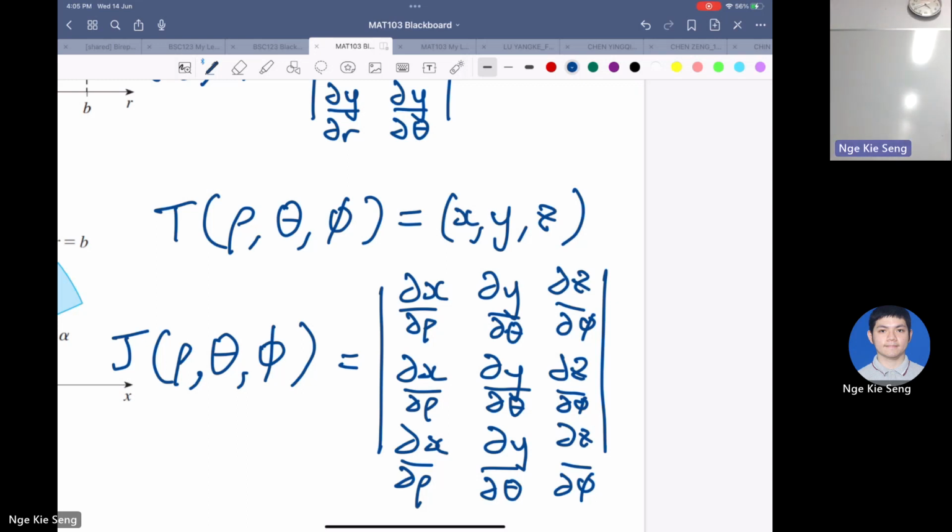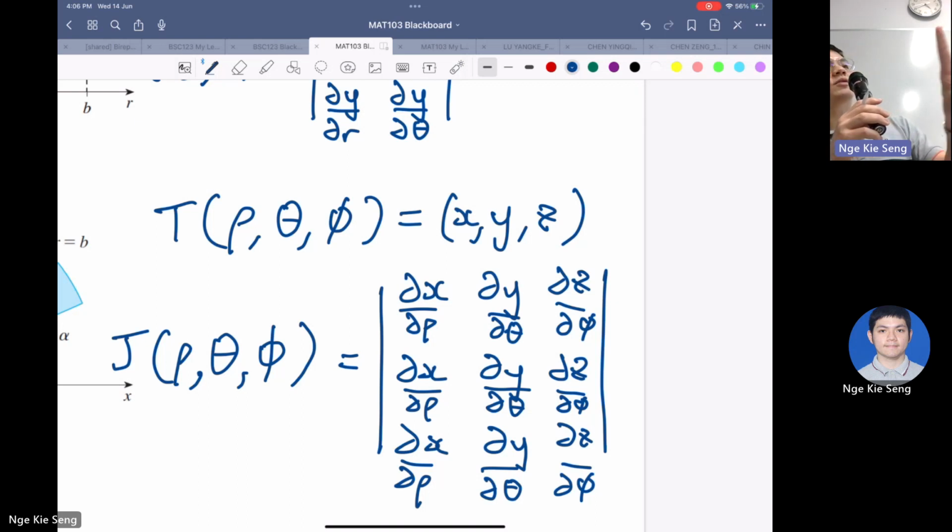If you exchange row and column, I think you still get the same determinant. Is it true or not? Not true. Absolute value. Oh yeah, okay. You will introduce a sign change, because if you interchange rows or columns, you get a sign change in your determinant.